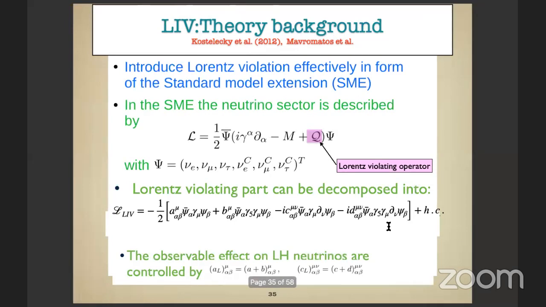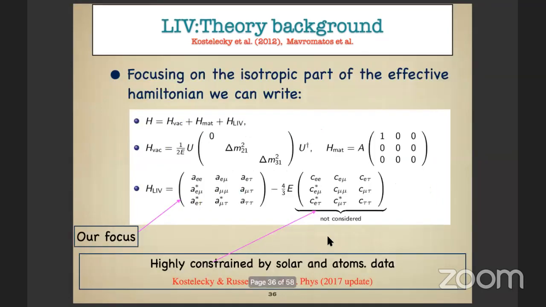Anyway, one can gather this A and B term and call them together as this, and the C and D term and call them together as this, C L. So I'll just jump a few steps and go to the final Hamiltonian. The Hamiltonian due to LIV looks like this. This can also be parameterized like NSI in terms of A alpha beta. And in our analysis, we have not considered C alpha beta, which could also have arisen here.